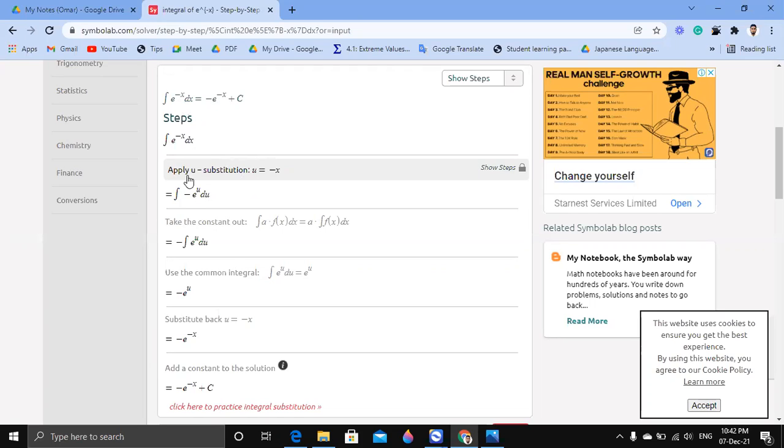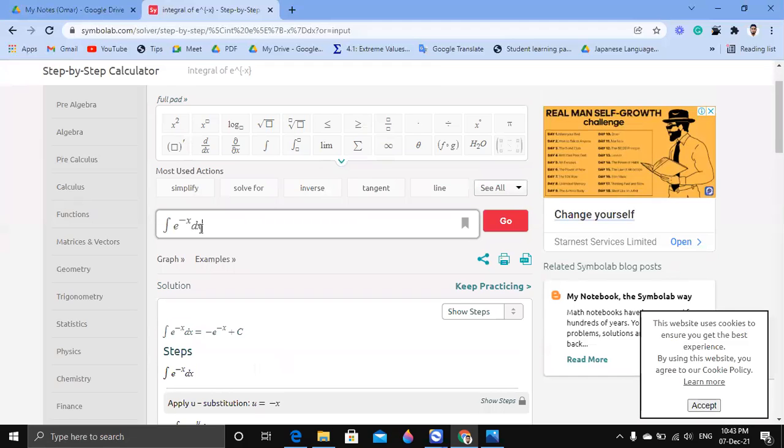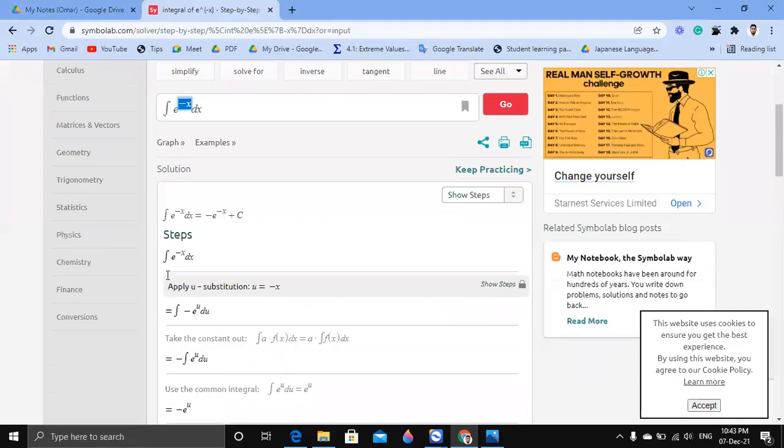So how do we get this minus sign? Integration of e to the power minus x dx. If this is u, how do we get this minus sign?